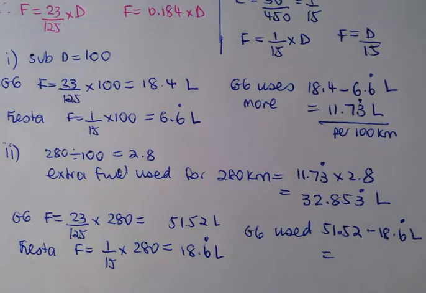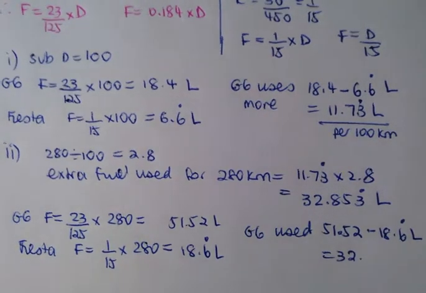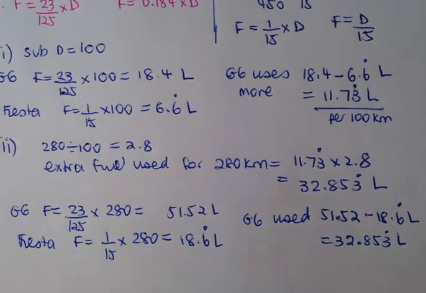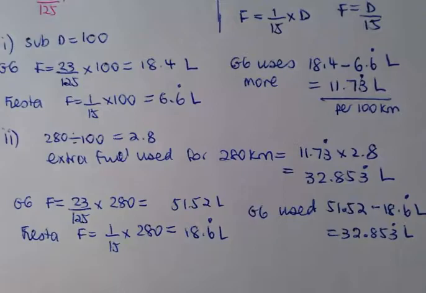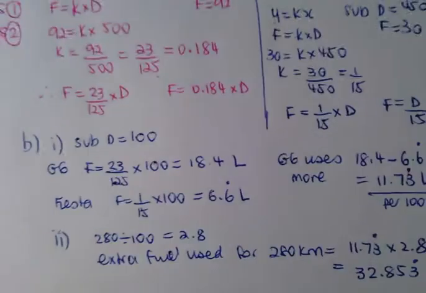It is exactly the same answer, 32.853 recurring litres. So it does give you the same answer. This is a quicker method. The reason this method works is that it's a straight line. If it wasn't a straight line and the same pattern doesn't happen all the time, it would not work.